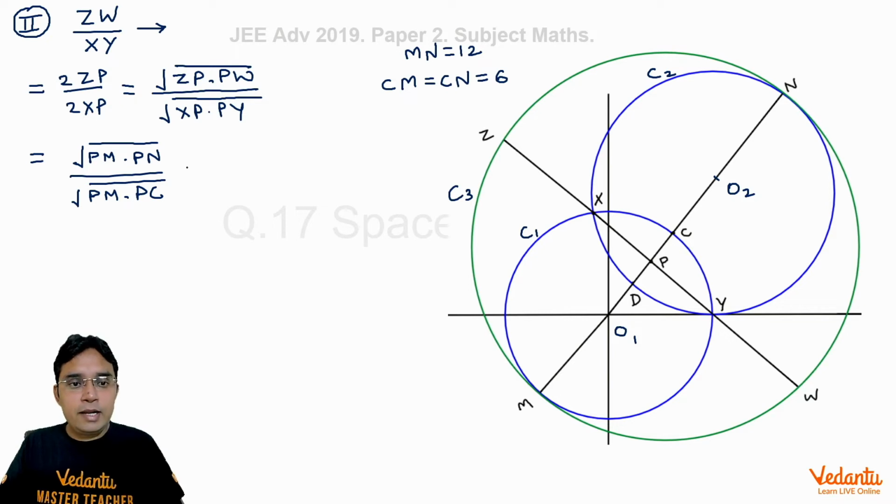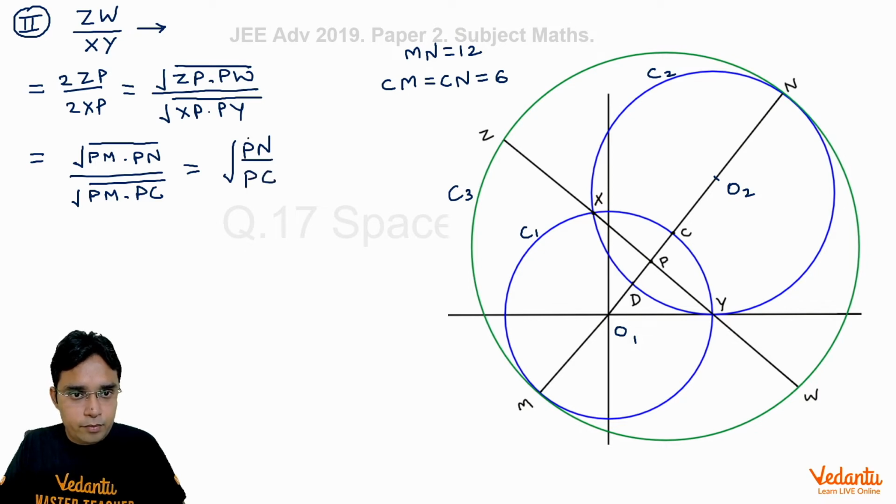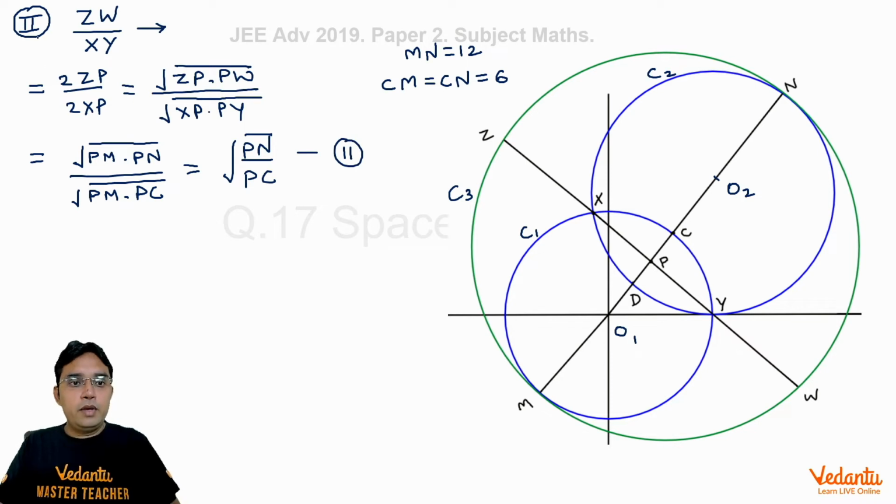So PM will get cancelled and we will be having just under root of PN upon PC. Okay, so this we need to find to get this ratio ZW upon XY.